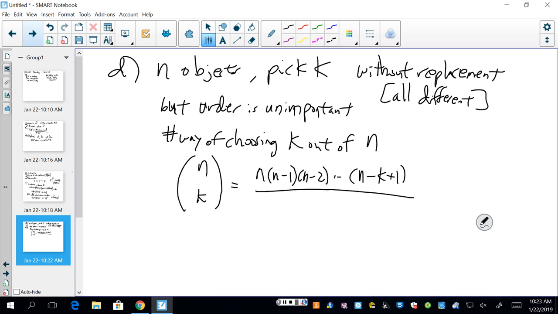We usually, in poker, put them in a certain order anyway to just see them better. And so there'd be k of those that could actually occupy the first position, and then k minus 1 for the second position, k minus 2 for the next one, down to 1. And that's usually easier to calculate by that.